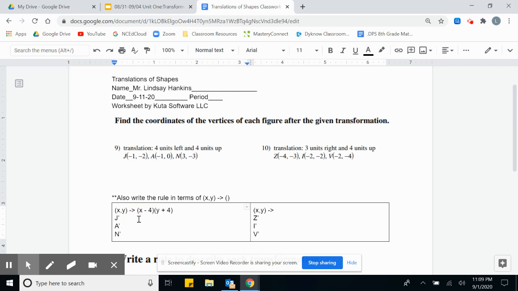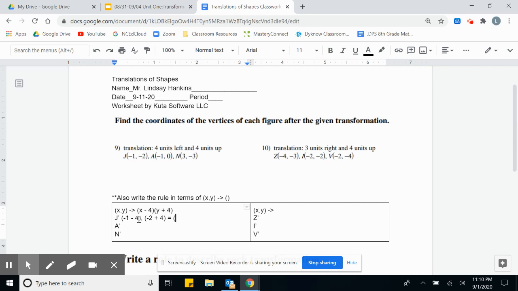So now, if we're trying to figure out the prime notation for J, we then have the following. -1 -4 and -2 +4. Okay? Now, mind you, this is not going to be added together. Your x and y values will not be added together.